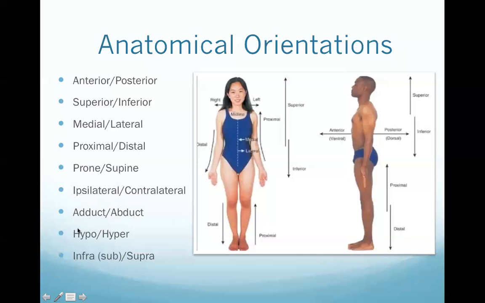Now, the next terms, hypo, hyper, infra, sub, supra, they're somewhat related to one another. Hypo, infra, and sub all mean below. So they reference something below. So hypoglottic means below the glottis. Subglottic means below the glottis.